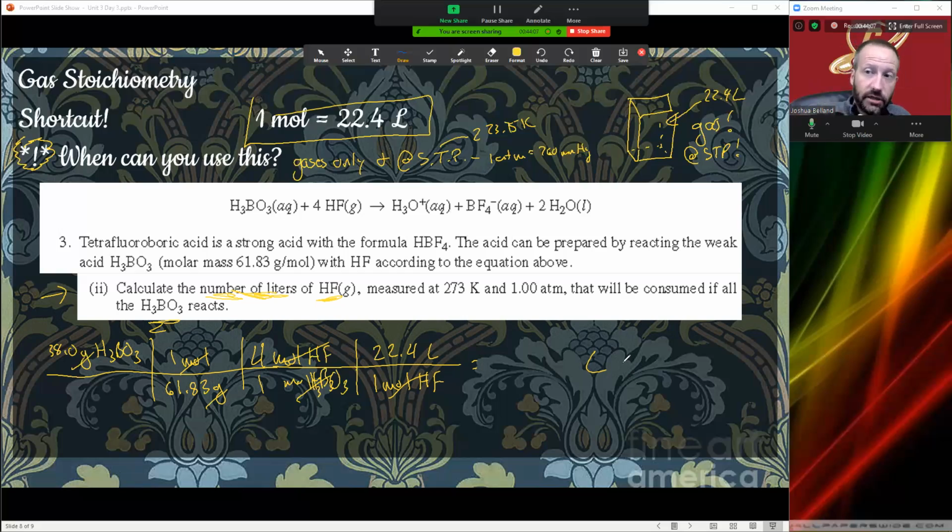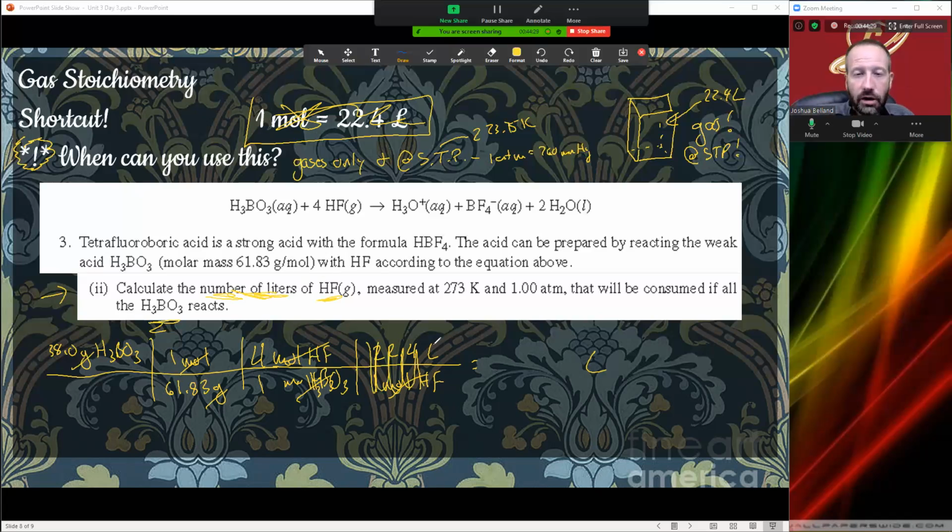Quite often, especially in the multiple choice, but quite often even on the free response, it is at STP. What would I do if it's not at STP? I would not do this. I can't do that if it's not at STP. And I can't do it if it's not a gas. What would I do?